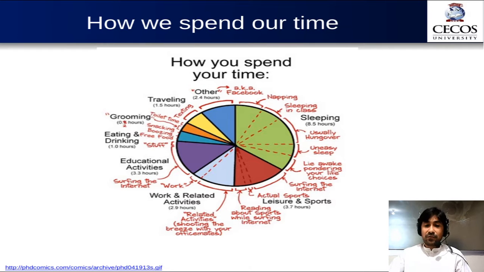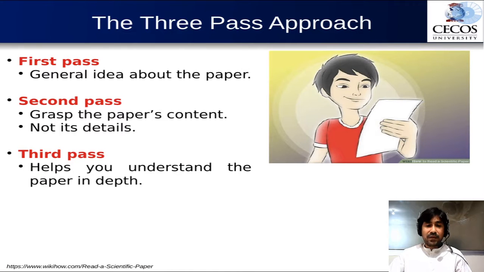So there is an easy, effective way of reading a paper, and we call it a 3 pass approach, or 3 phases approach, or 3 steps approach. In a nutshell, in the first phase, you do not need to read the whole paper. The objective of the first phase is to get a general idea about the paper, what the paper is about, right?